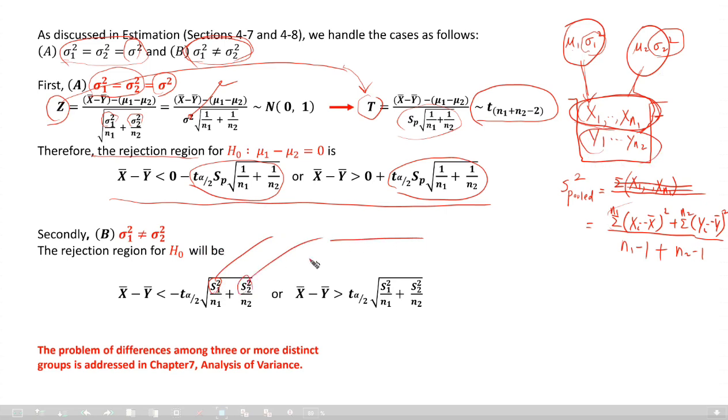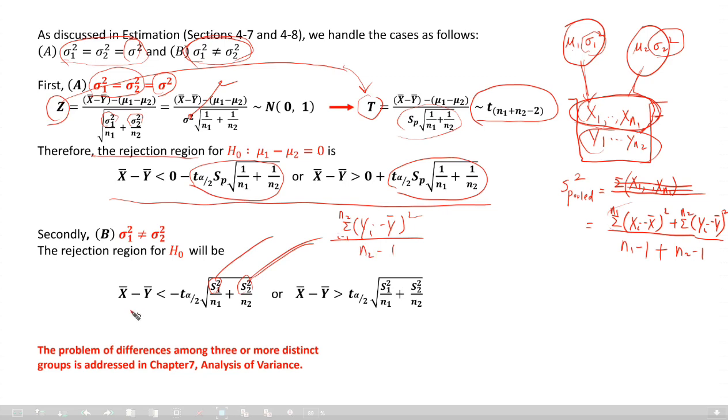For this, s2 square is the sum of yi minus y bar squared, i from 1 to n2, divided by n2 minus 1, right?